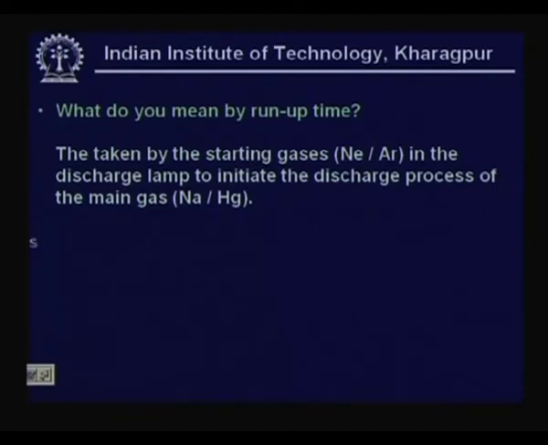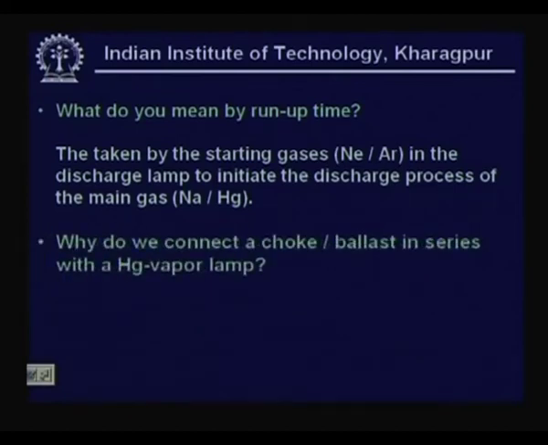We have seen that the run up time used to be very large for the lamps in the initial phase, and these days we have fast run up of less than 5 minutes. In fact, we studied that sodium and mercury vapor lamps did have large run up time of 20 minutes etc. These days we have them within 5 minutes.